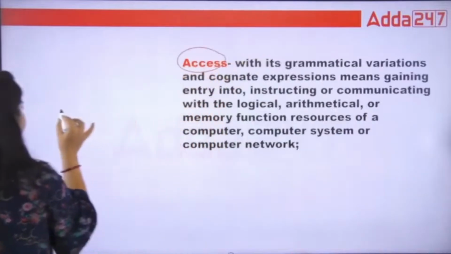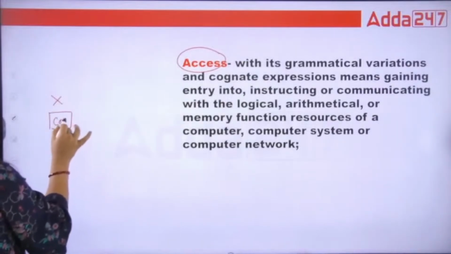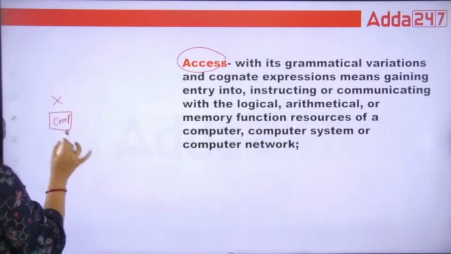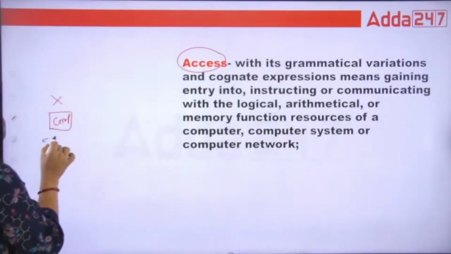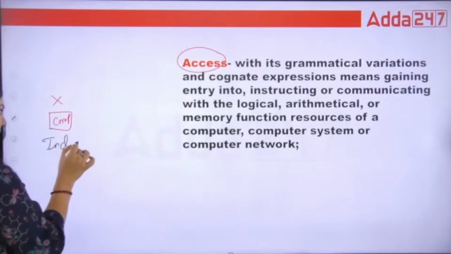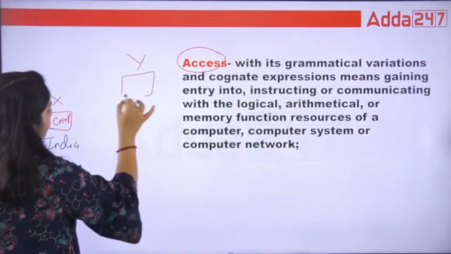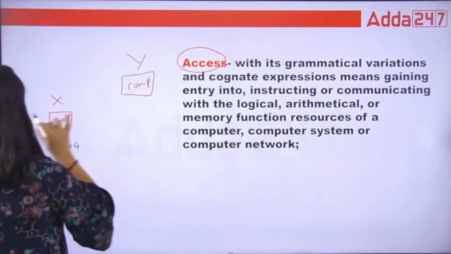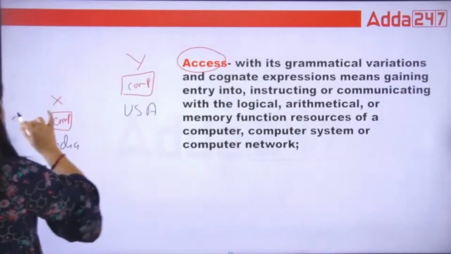See, X person is there. X is using a computer. Suppose X is in India. Now this Y person is there. He is also using a computer, and this Y person is in USA. Y person is a very big hacker.